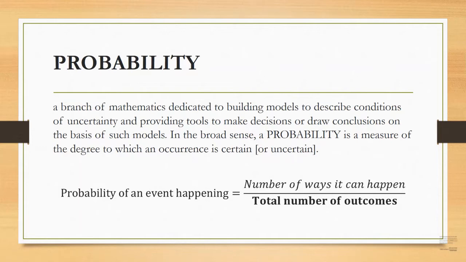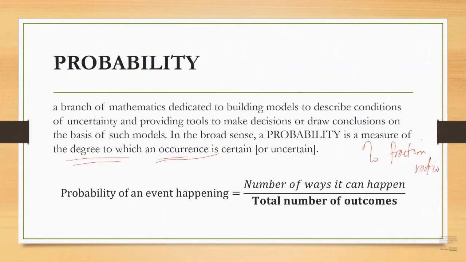In simple words, ang probability is actually yung measure ng degree wherein mangyayari ang isang bagay. Okay? So, mostly, ang gamit natin doon ay in percentage or minsan ay in fraction, o kaya ratio.